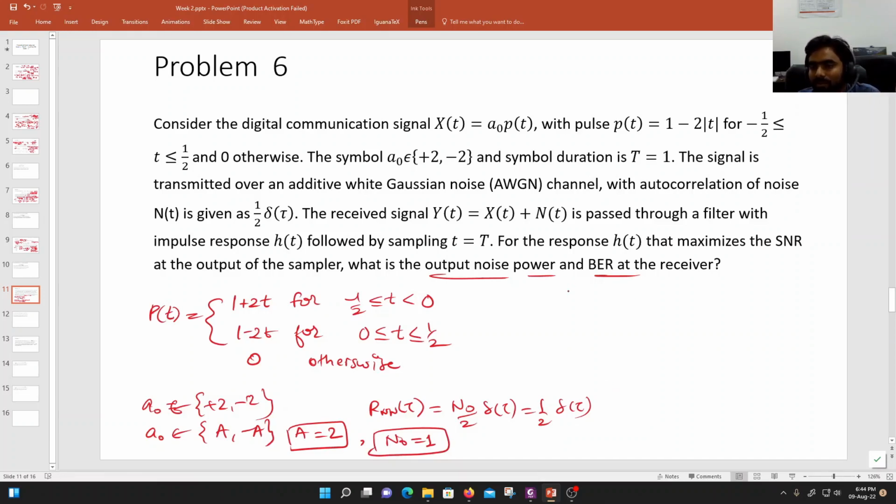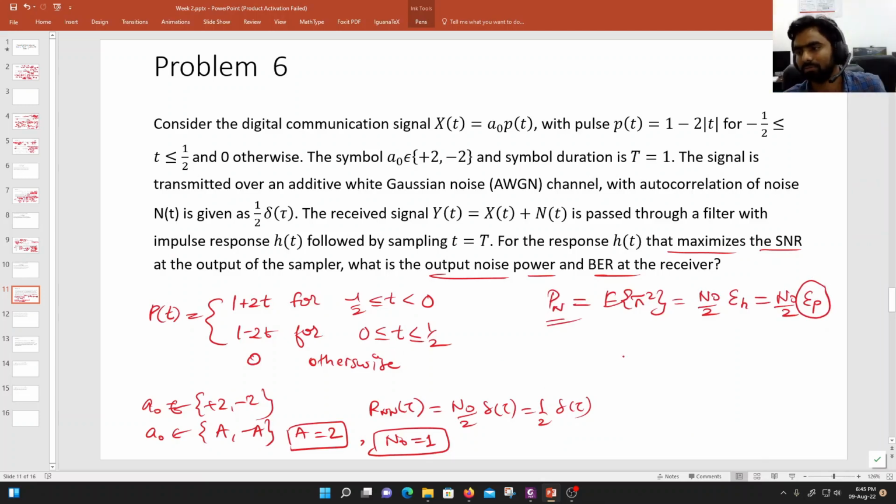Now output noise power. In the previous problems we have seen that output noise power will be the expectation of n tilde square, that is N naught by 2 times the energy of the filter. In this case, where we maximize the SNR, that is the matched filter, so it would be the energy of p. So you need to find the energy of the pulse, then you will get the power.